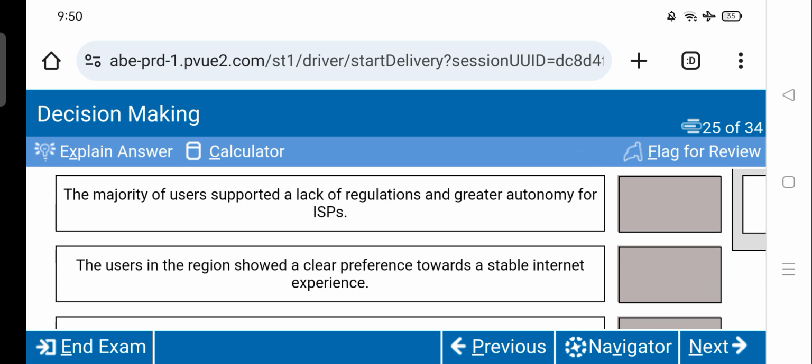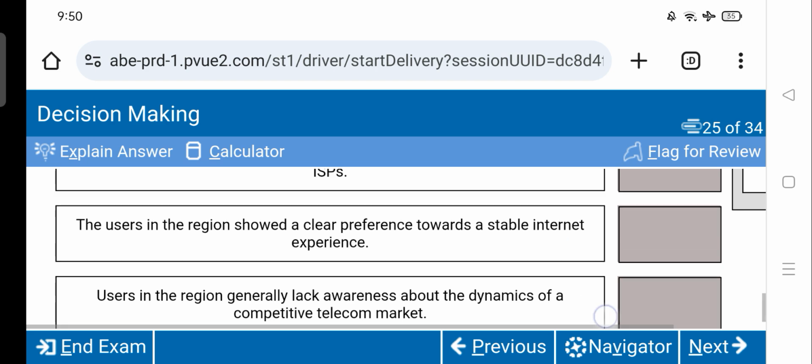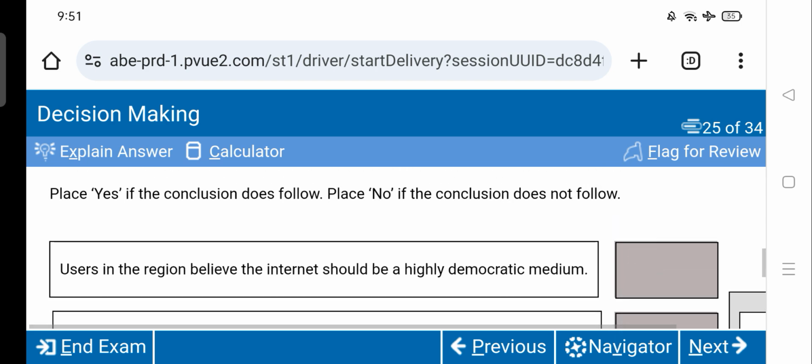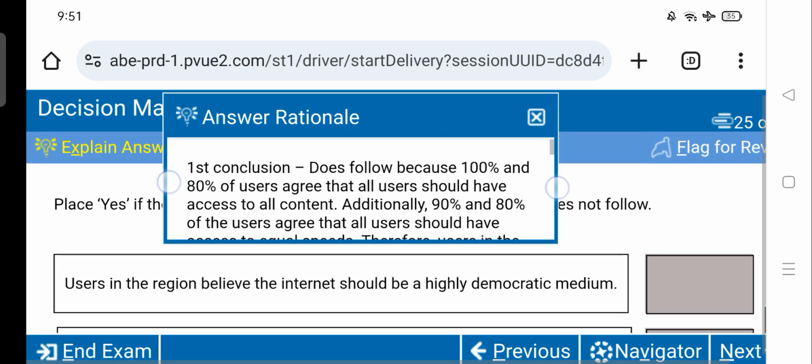The users in the region showed a clear preference towards a stable internet experience. Users in the region generally lack awareness about the dynamics of a competitive telecom market. So let's see which one does follow and which one does not.